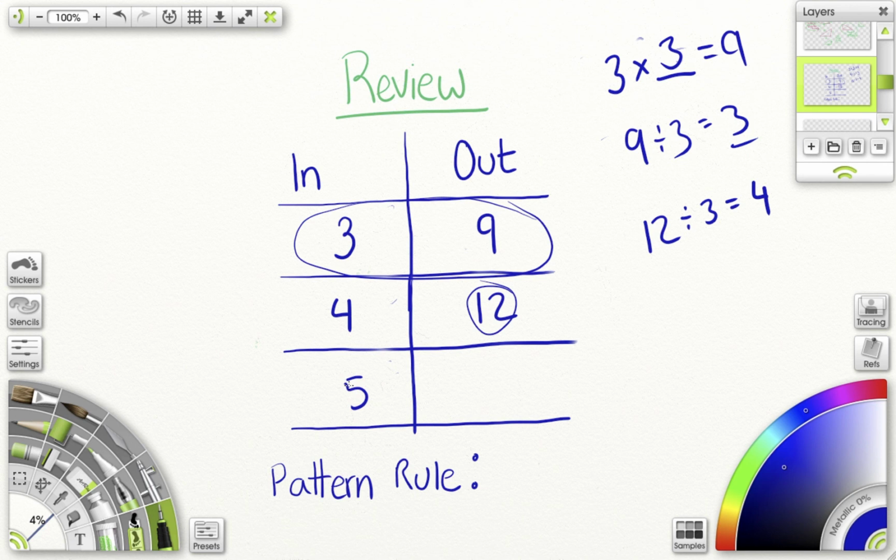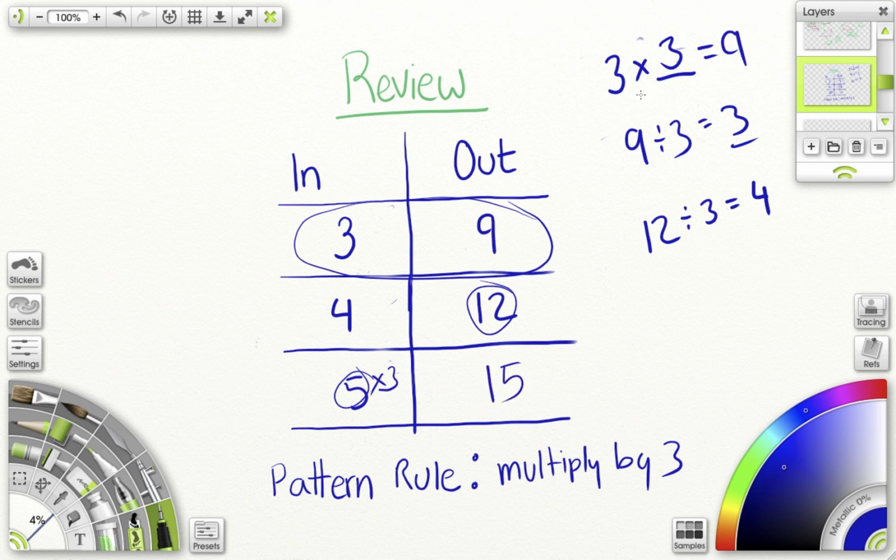So I think I figured out what my pattern rule is. It is multiply by 3. So that's my pattern rule. Let's apply that pattern rule to 5. So I have to do 5 times 3, that equals 15.